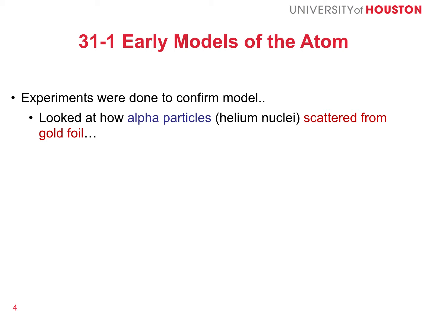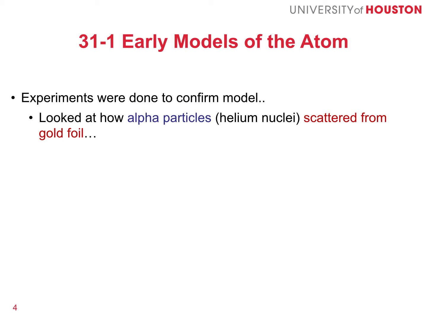After the hypothesis of the Plum-Pudding model, experiments were done to try and verify it. What was done was alpha particles, which are helium nuclei, and we'll talk about these in detail in the next chapter, were fired in a beam onto gold foil.